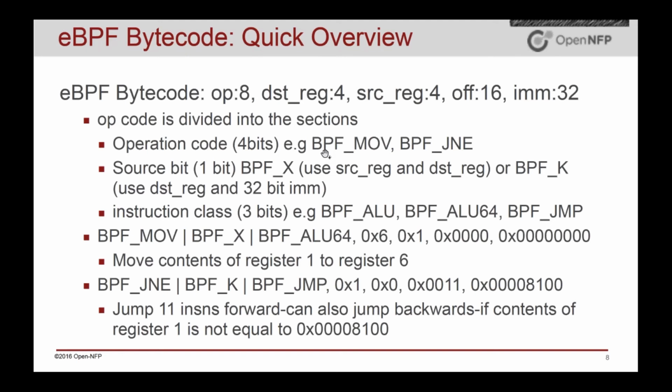We don't have 2 registers which get acted upon and stored in a 3rd register. When you use an immediate, you use the immediate as well as the destination register. In the second example, we're jumping 11 instructions forward if the contents of register 1 is not equal to the hex value used.